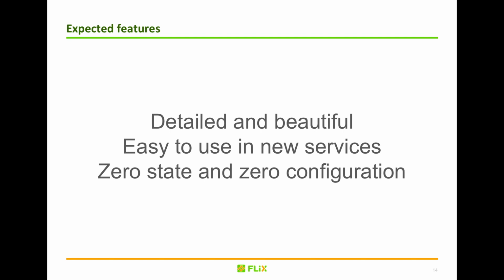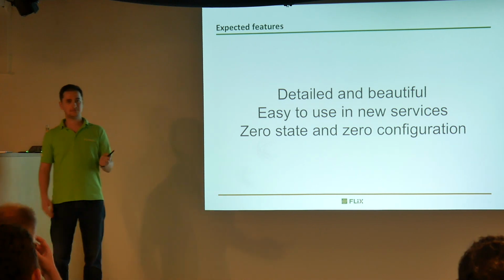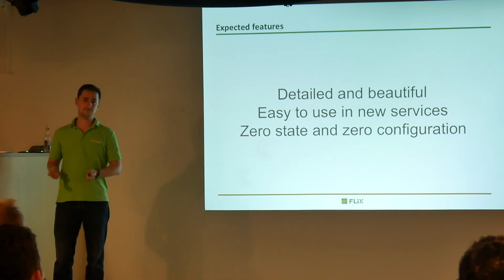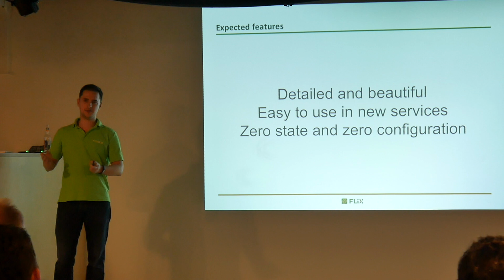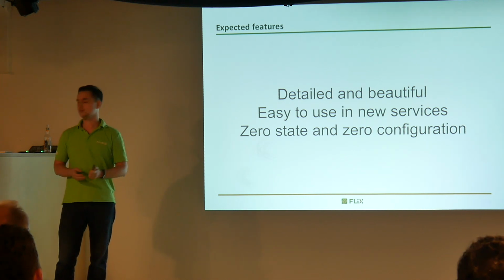First, detailed and beautiful, which is about notification messages. The code I made was not beautiful at all. Second one, easy to use in new services, because developers are lazy and it should be easy to attach it to your pipeline, otherwise no one will do it.